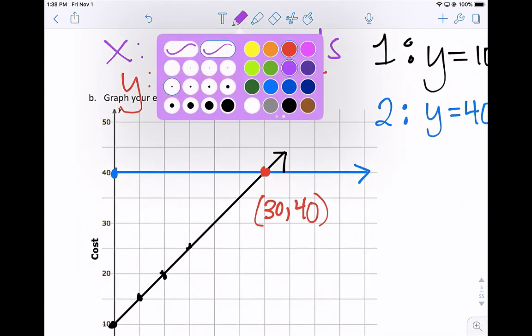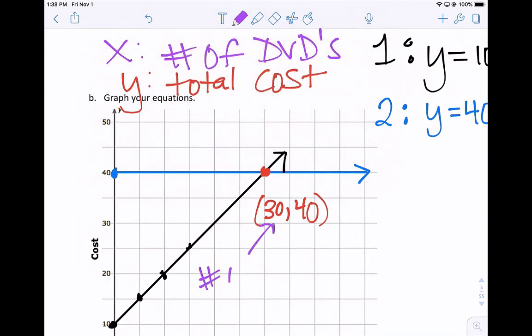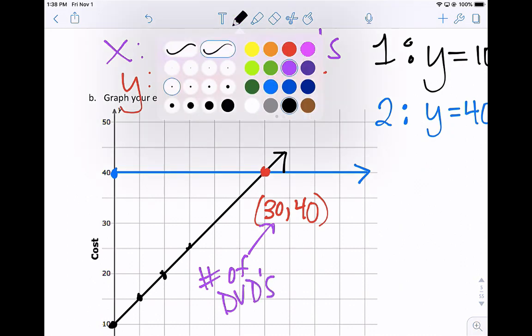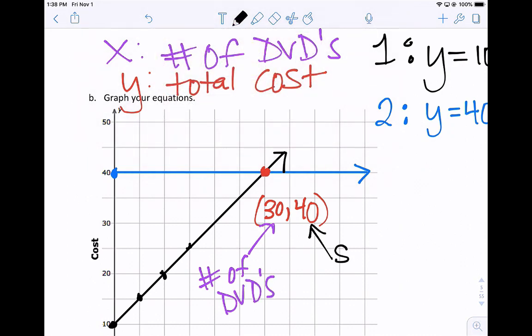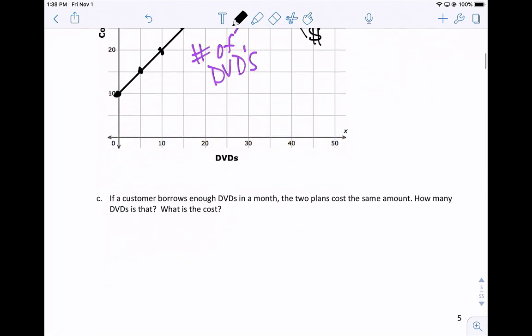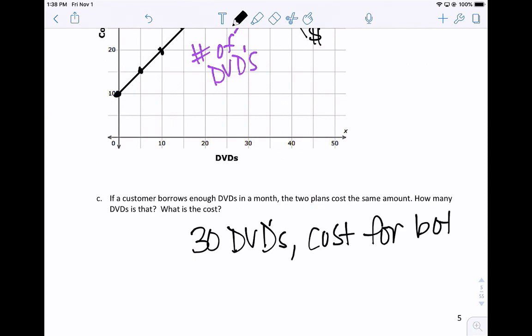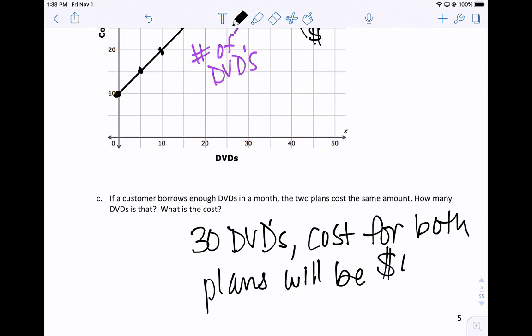X is the number of DVDs, so if they rent 30 DVDs a month, it will cost the same, and Y is cost. It will cost $40. So when they rent 30 DVDs, the cost for both plans will be $40.